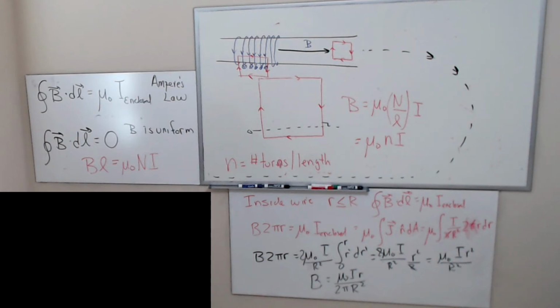This is actually a hard problem. I went through in detail how to calculate the magnetic field of the solenoid. First I did one loop, and then I integrated over all the loops. So I have this completely solved, so you can take a look at it.